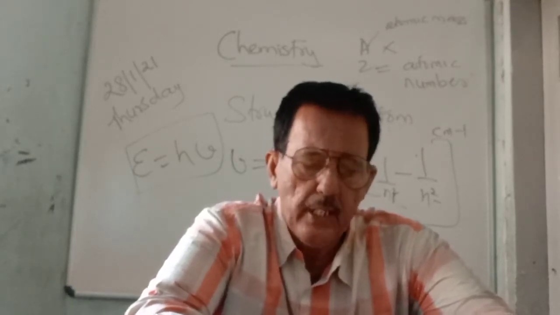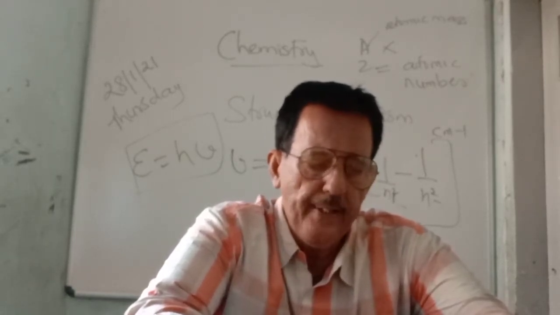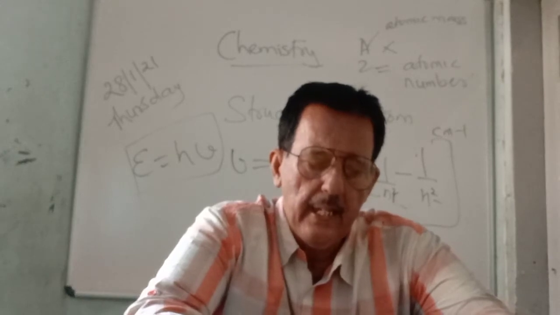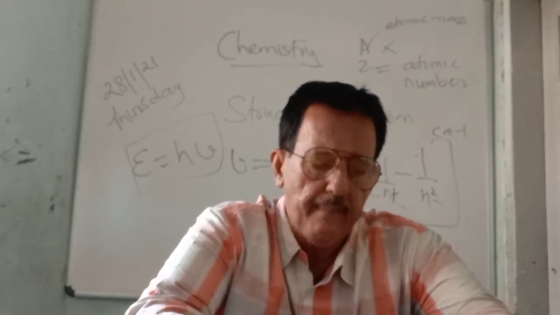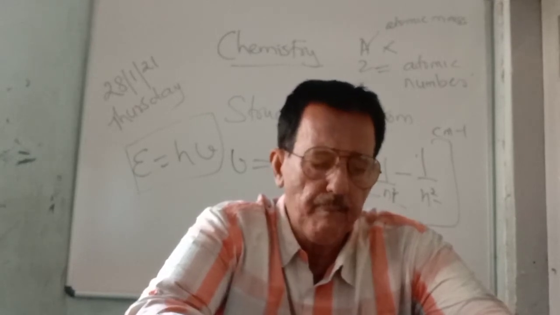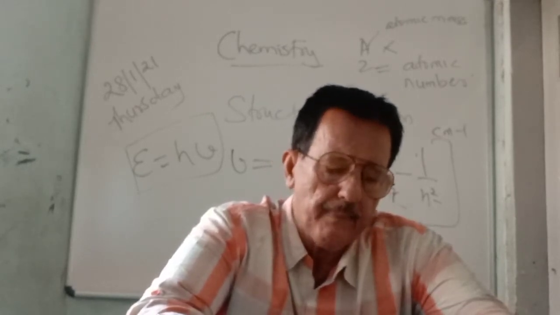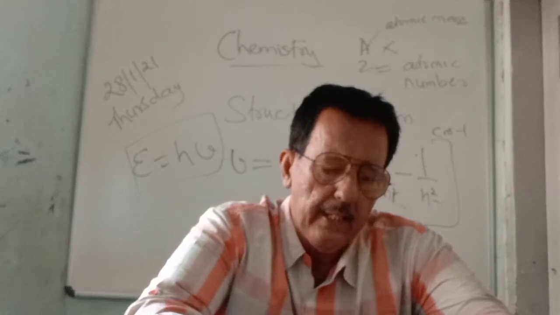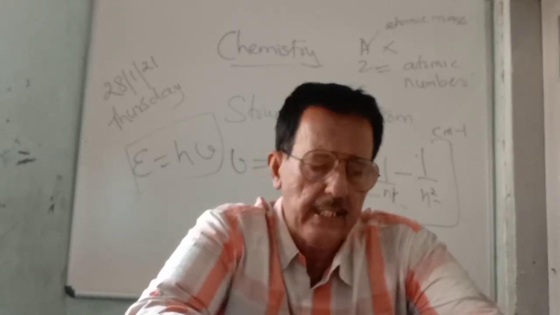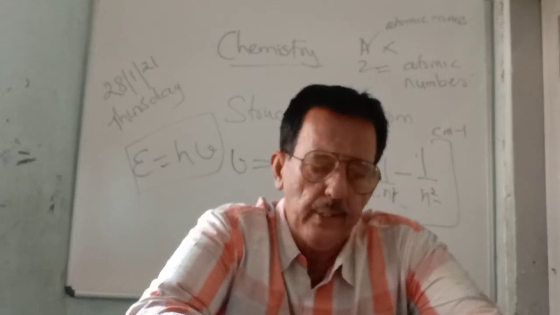The composition of the nucleus of any atom is represented by the element X, with the mass number A as a superscript on the left and the atomic number Z as the subscript. This is X with A above and Z below, also called a nuclide. So I discussed with you the concept of nuclide also.